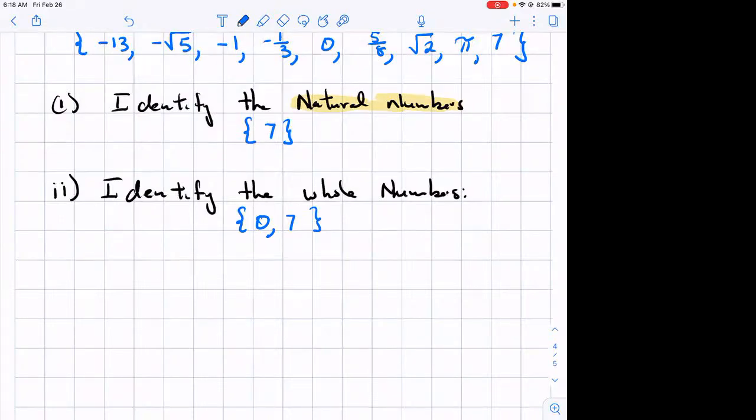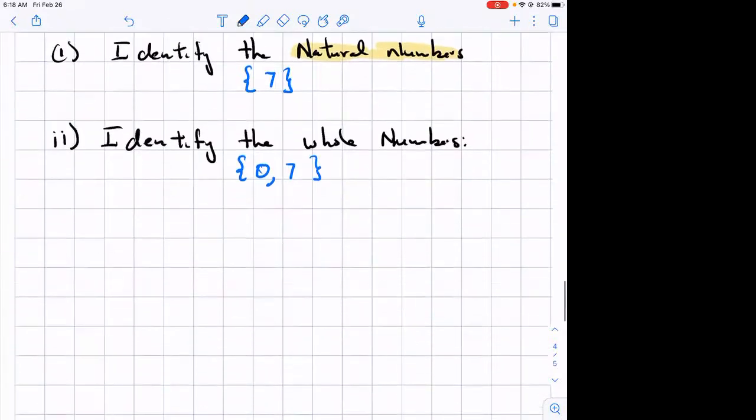How about integers? Identify the integers. Remember, integers are whole numbers, but negative and positive.